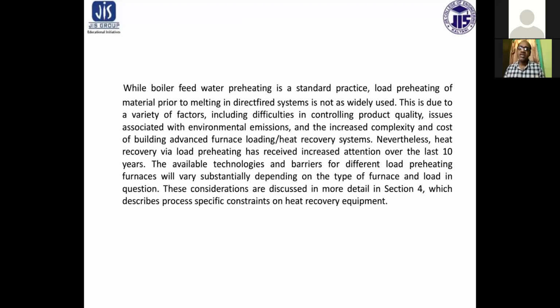Nevertheless, heat recovery via load preheating has received increased attention over the last few years. The available technologies and barriers for different load preheating furnaces will vary substantially depending on the type of furnace and load in question. These considerations are discussed later in more detail.